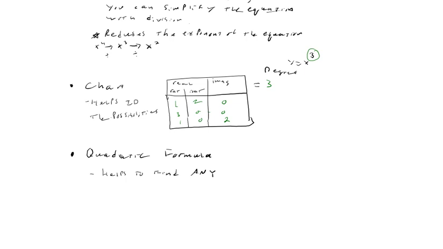Under the chart, it says helps ID the possibilities for the zeros. What possibilities you have, right? What you're missing, if you're making sure you have all of these. And the last tool, our Quadratic Formula, helps to find any missing zeros.